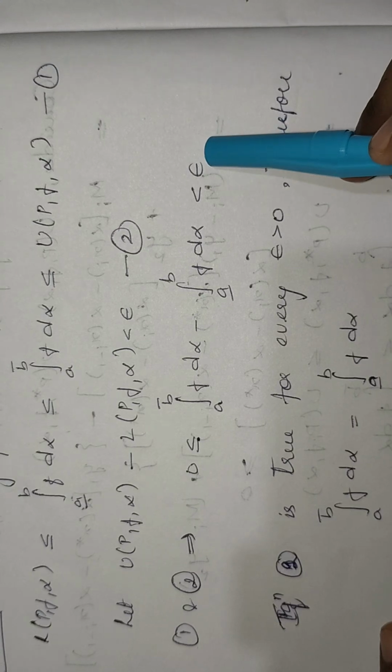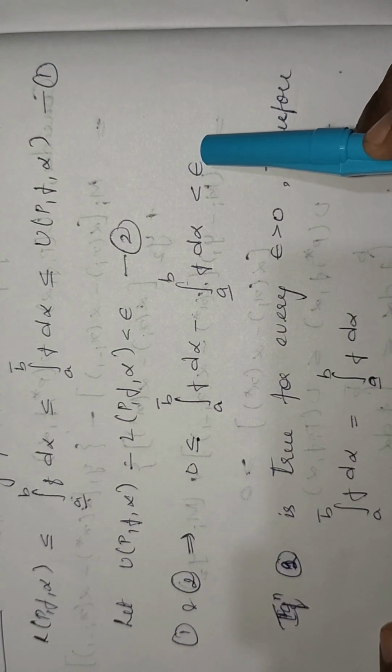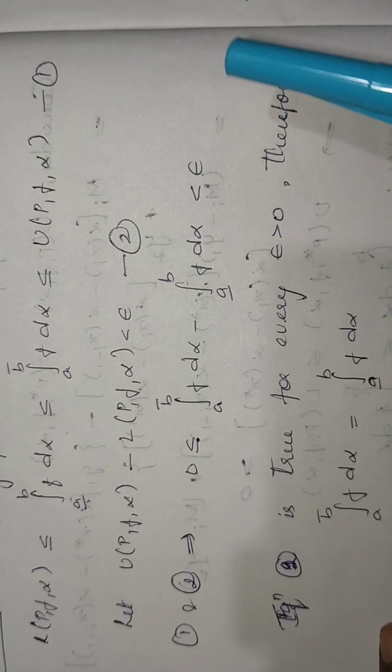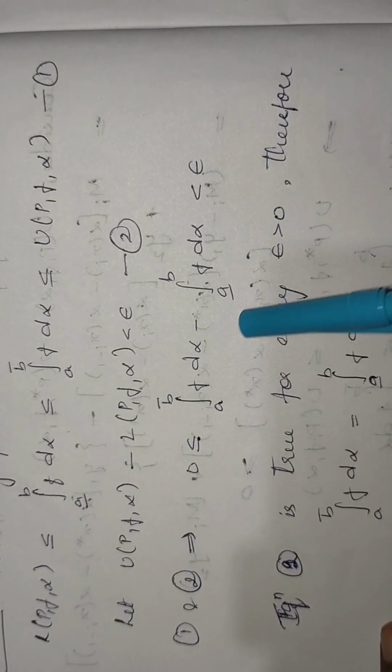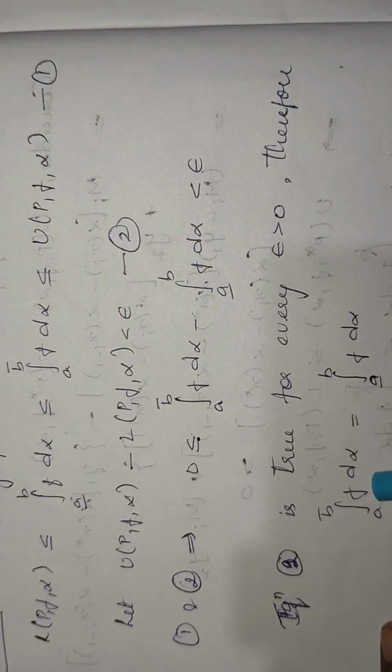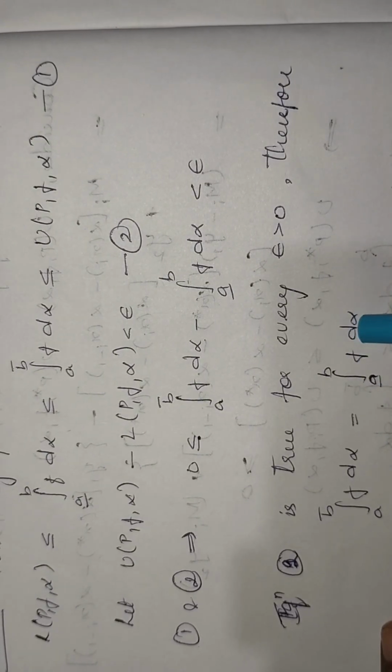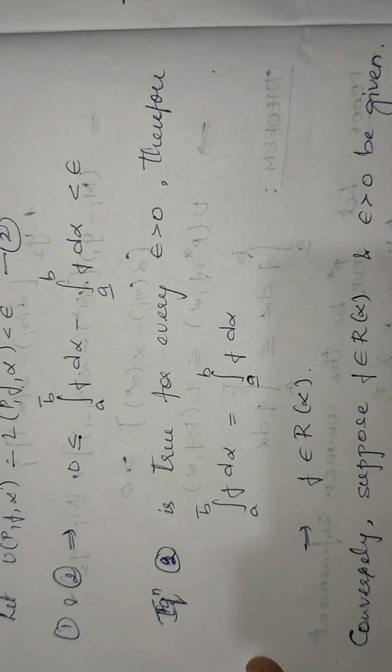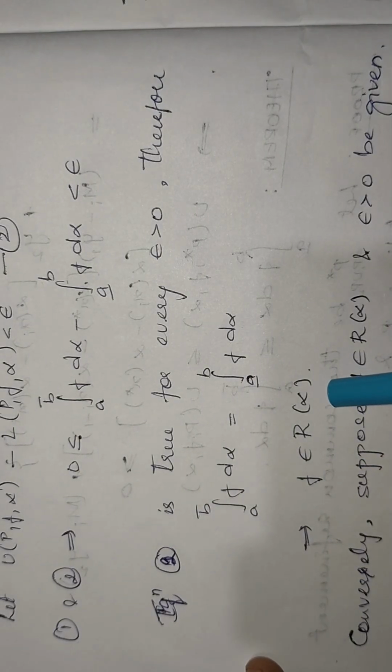Since it is arbitrary, I can choose a number very, very close to 0. In that case, these two become equal. So that is how the upper Riemann-Stieltjes integral becomes equal to the lower Riemann-Stieltjes integral. And if these two are equal, then we say that f belongs to R of alpha.